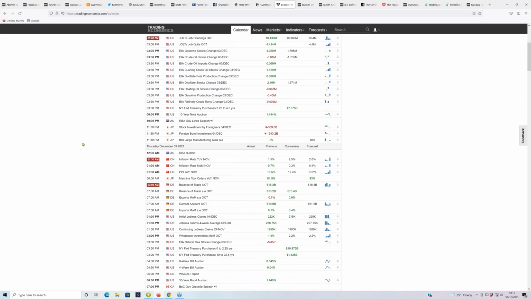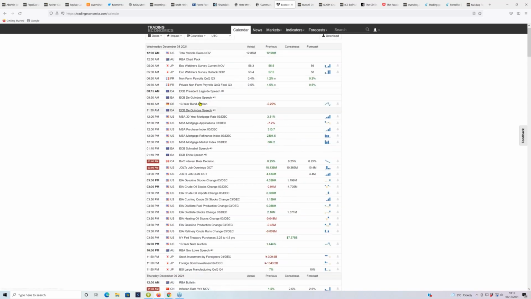Where are we? Wednesday. Here we are. What have we got? Well, Lagarde has already spoken, and it's mainly crude oil this afternoon. That's also potentially going to have a link to the Canadian dollar, together with the BOC interest rate. So it should be an interesting afternoon for the Canadian dollar.